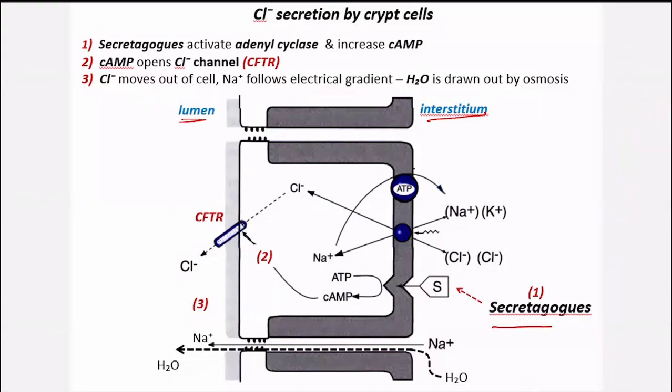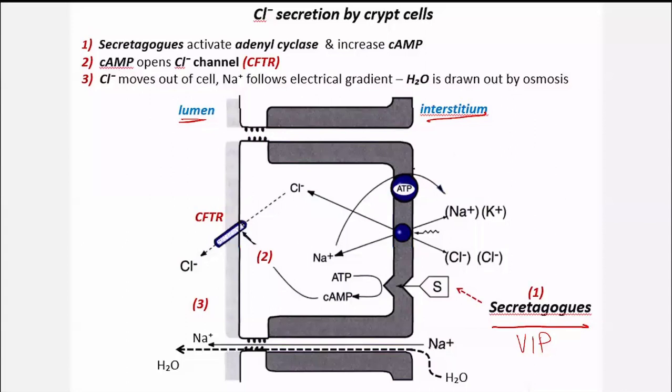First of all, you're going to have a secretagogue. What is a secretagogue? It is a substance that stimulates the release of another substance. So in this case, we're going to have vasoactive intestinal peptide. This is going to stimulate adenyl cyclase and increase cellular cyclic AMP, cAMP.